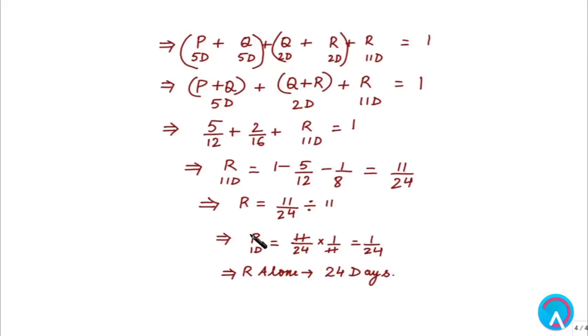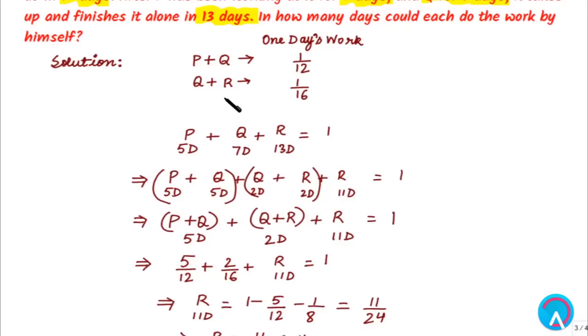So here we have found out that R's 1 day work is 1 by 24, and right at the beginning we said that 1 day work of Q and R is 1 by 16. Let me write it down here. R's 1 day work we found to be 1 by 24. So if from 1 by 16 we subtract 1 by 24, we'll get Q's 1 day work.